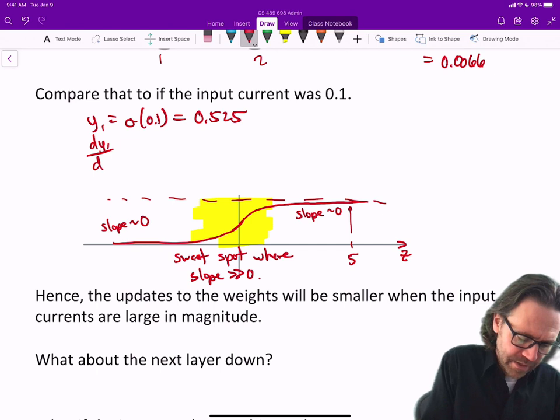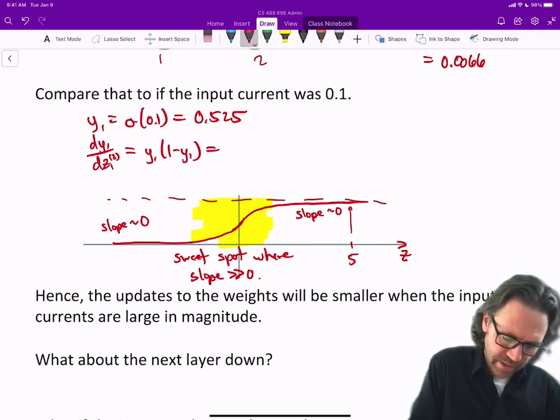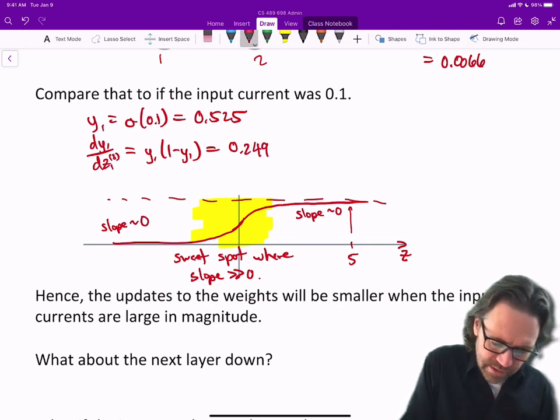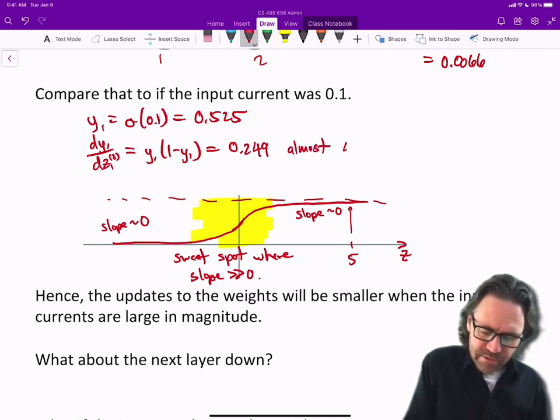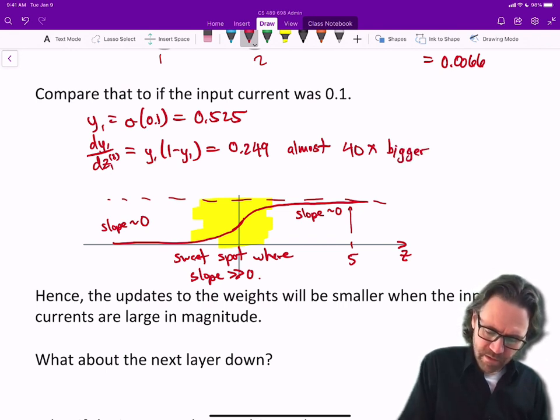Therefore, dy1 by dz1,3 is again y1 times 1 minus y1. Just plug the 0.525 into there, and you get 0.249. So this is almost 40 times bigger than this.